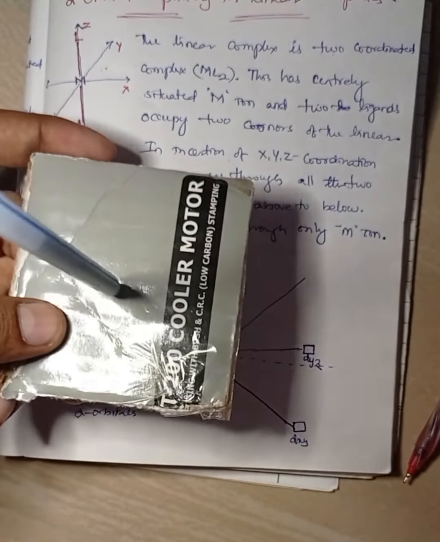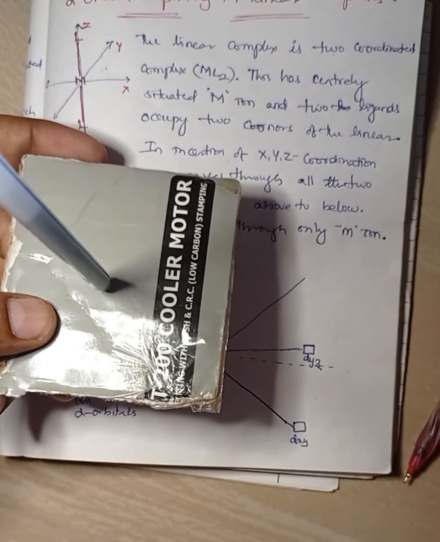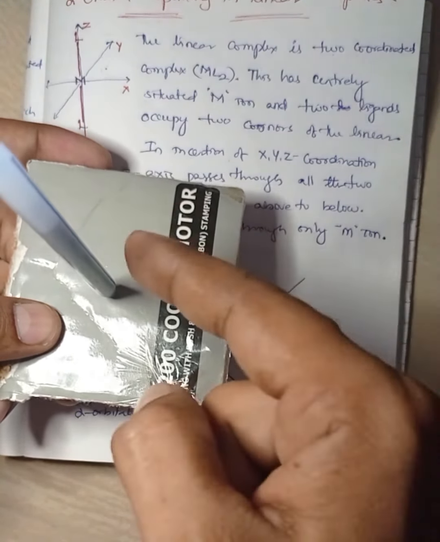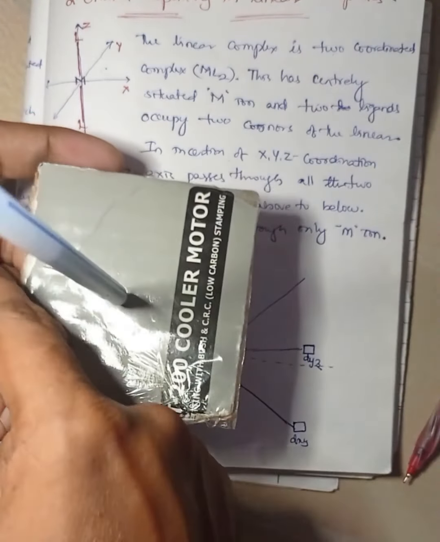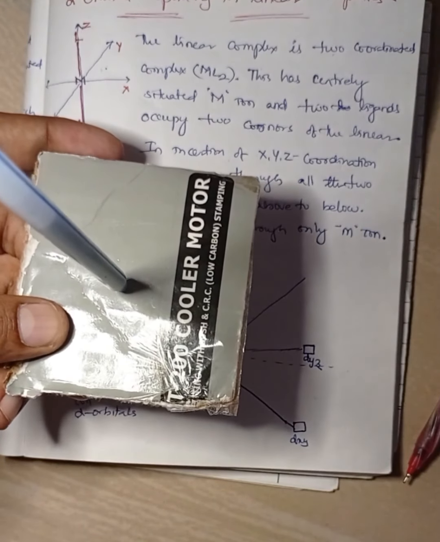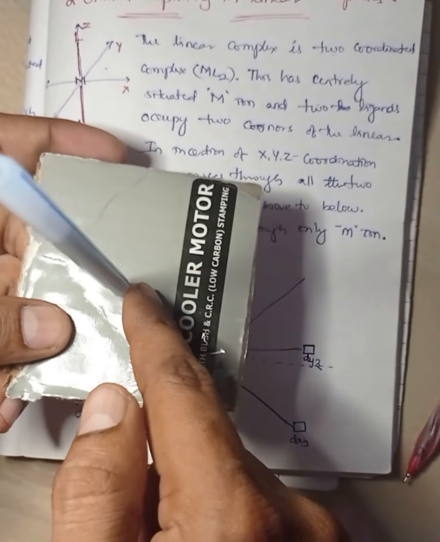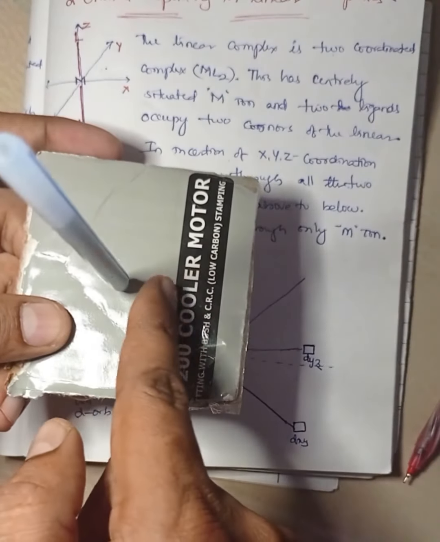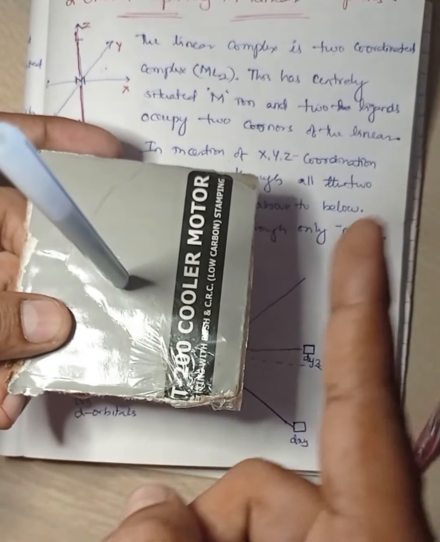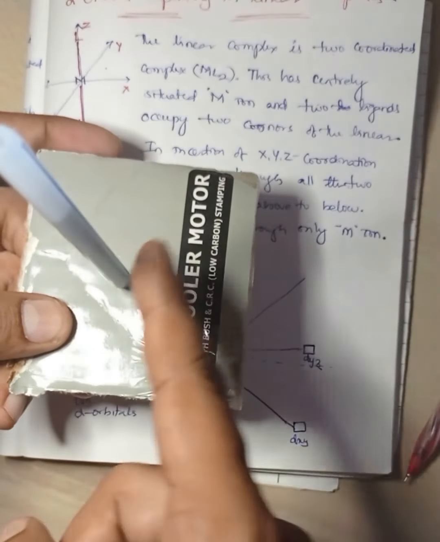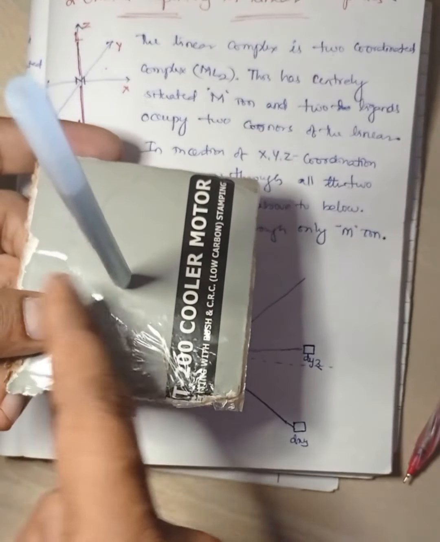Same for the dzx orbital, which has lobes in between the z and x coordination axes. Left and right is the x-axis, above and below is the z-axis. The lobes are in between x and z, here and here, and two below.